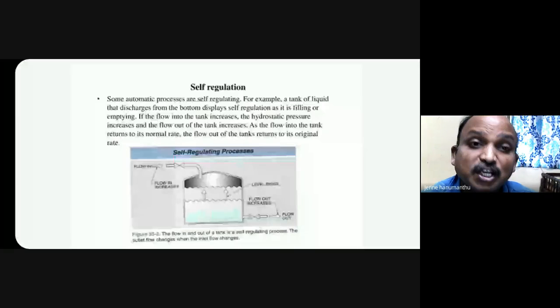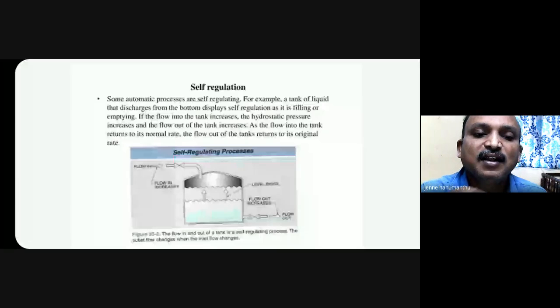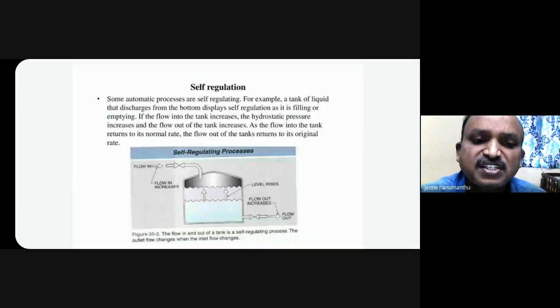This point is important. You can observe that the water level stays at a defined level, no change, no fluctuations in the level of the water in the tank. That no change or no fluctuation in level is nothing but self-regulation.